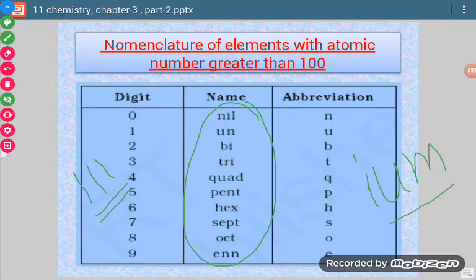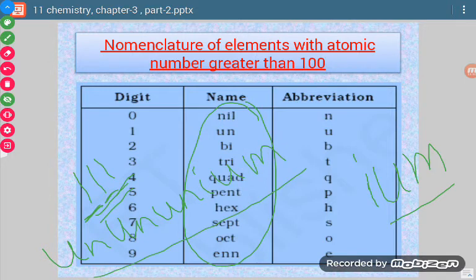So for 111: for this one it is un, for the next one again un, then for the next one again un. So un un un, then we will write ium. So what will be the IUPAC name for the element having atomic number 111? It will be ununium.